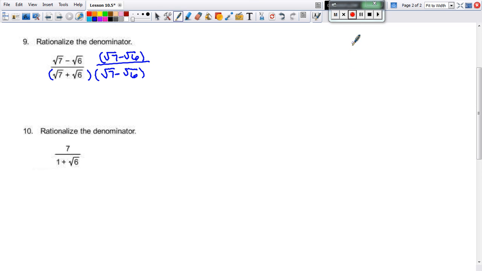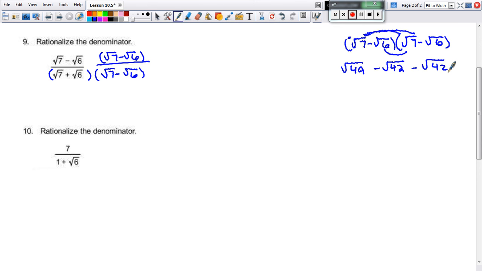So what you're going to do is the square root of 7 minus the square root of 6 times the square root of 7 minus the square root of 6 to figure out the top part. So I get the square root of 49 minus the square root of 42 minus the square root of 42 plus the square root of 36. And all this is for the numerator.